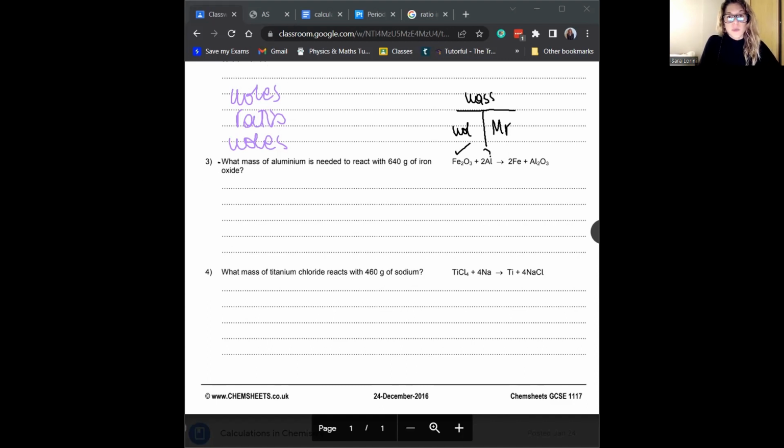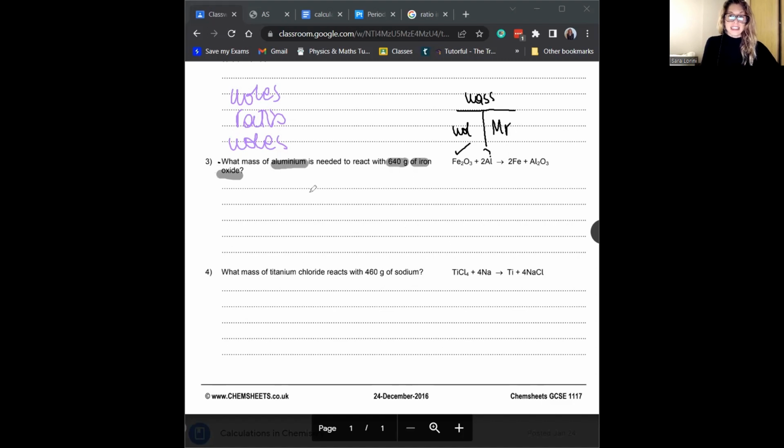And to understand what we're asked to calculate, we really need to analyze the question and look at what's right after "what mass of", and that would be whatever we need to find. We could also highlight, for example, aluminium and iron oxide, the two things that are involved.